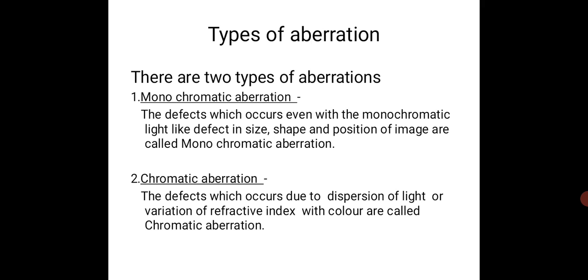The defect which occurs with monochromatic light, like defects in the size, shape and position of the images, is called monochromatic aberration. And the second one is chromatic aberration. The defect which occurs due to dispersion of light or variation of refractive index with color is called chromatic aberration.